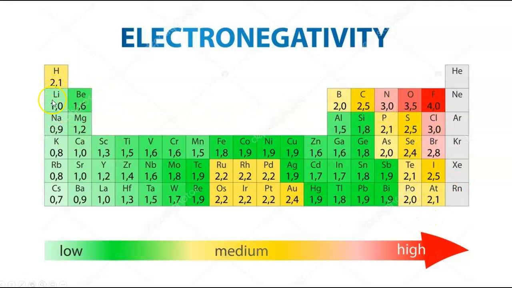The reason is that this value is a measure of how strongly an atom of this element attracts electrons. So electrons are, of course, the small negatively charged particles on the outermost part of atoms, and they're important for when atoms form molecules.